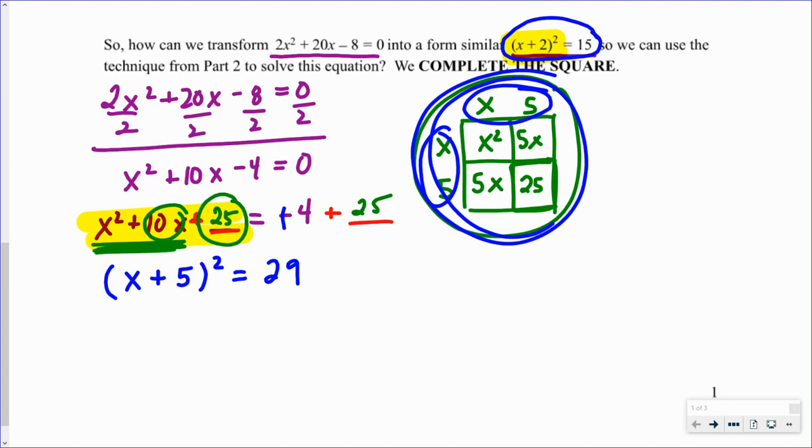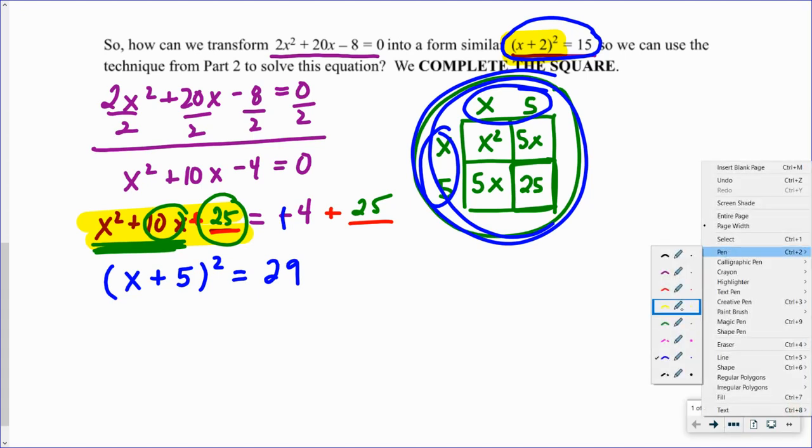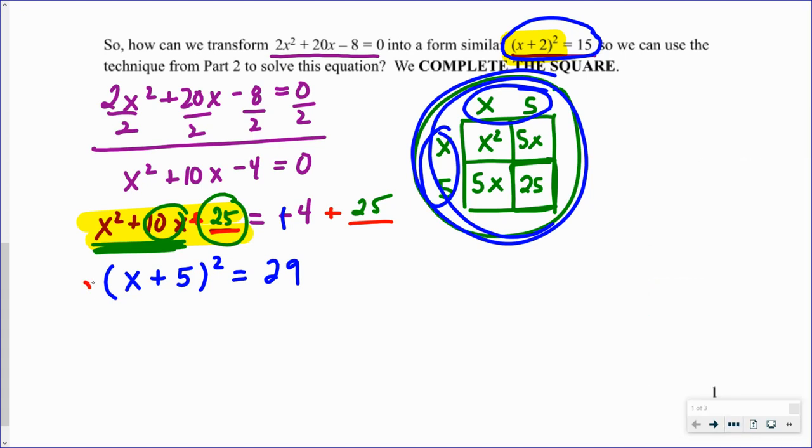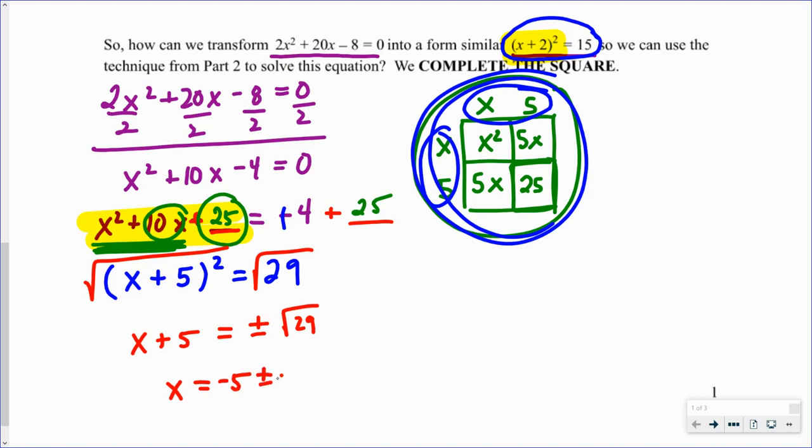All right, so now we can solve this by taking the square root of both sides. And we're going to get x plus 5 equals plus or minus the square root of 29. And then we're going to subtract 5 from both sides. And again, we're going to end up with two results.